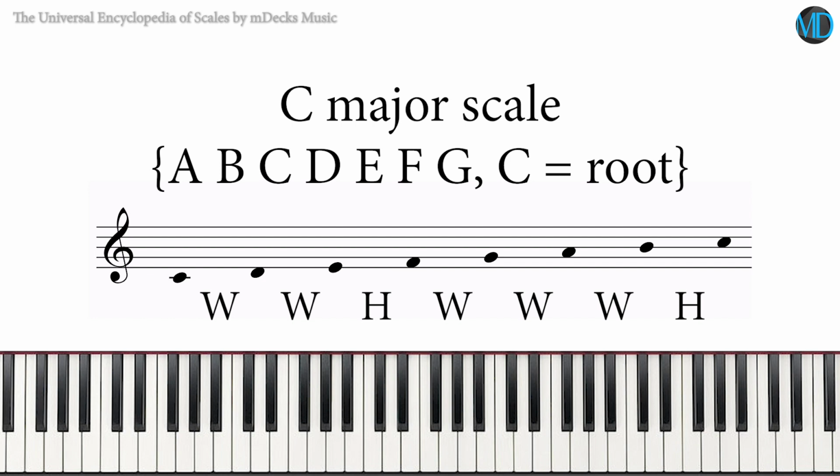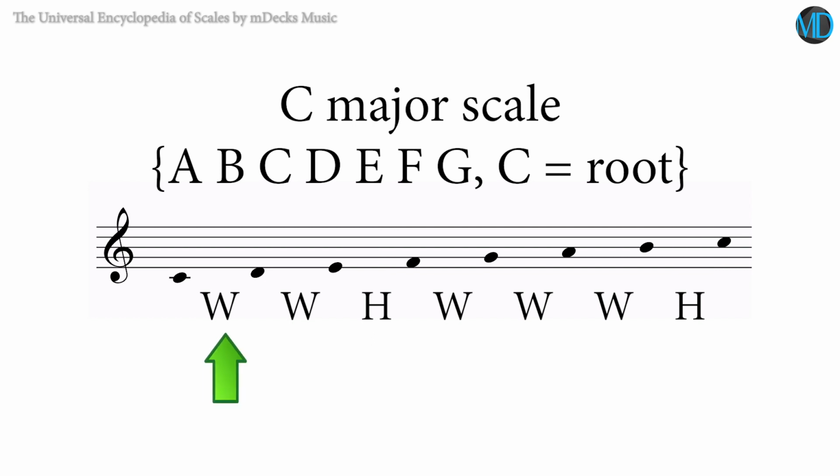By looking at the intervallic formula, we can find a few properties of this scale. For example, there are two pairs of notes that are only a half step apart. That could be an indication of how much tension there is in the scale. We also see that there are no two notes that are more than a whole step apart, because there are no intervals bigger than a whole step between any two notes in the scale.